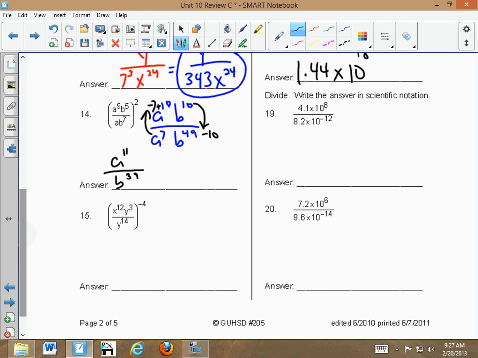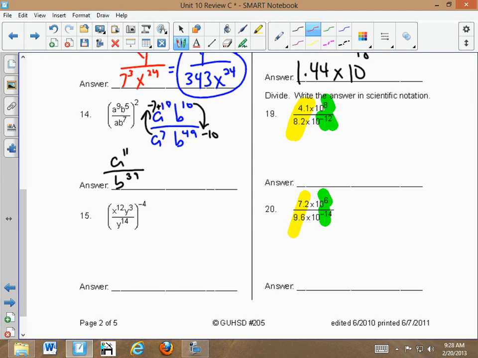Now, we're going to look at division. I divide the first numbers, and then I subtract or add the exponents, depending on the signs.